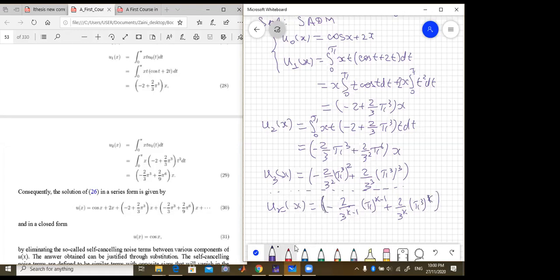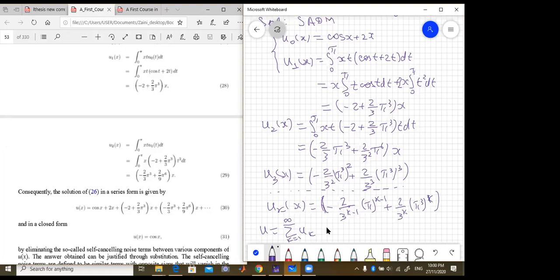So generally, what is the solution? Solution u is a summation of uk, where k from 1 to, actually in general it is infinity, but usually we stop at point n.